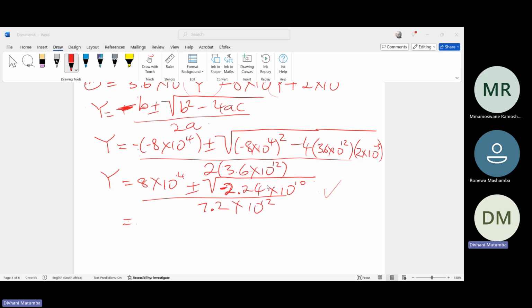The square root of minus 2.24? Ronel, what is the square root of minus 2.24 times 10 to the power of 10?